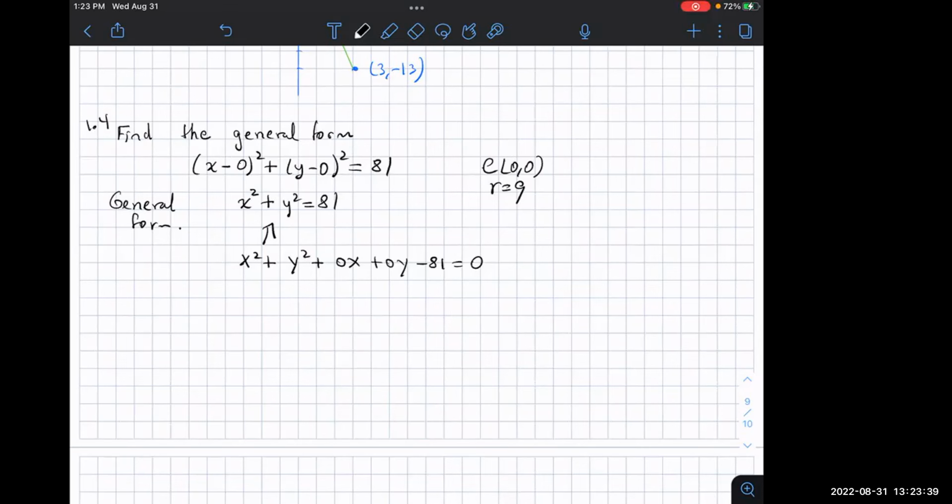Okay, let me just check. Do you remember what number it was? It says 1.4, number 13.